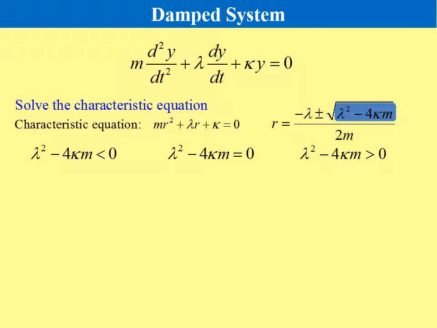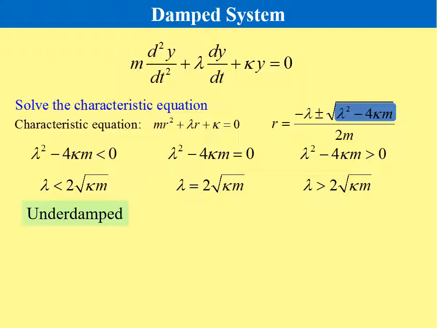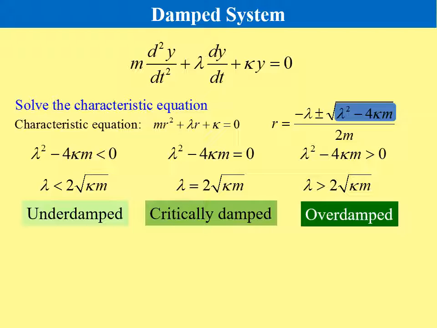We could have a negative value, 0, or a positive value for that. If it's a negative value, then lambda is less than 2 times the square root of kappa times m, and we call this underdamped. If the discriminant, lambda squared minus 4 kappa m, is 0, we have lambda equal to 2 square root of kappa times m, which is a critically damped system, and then an overdamped system.